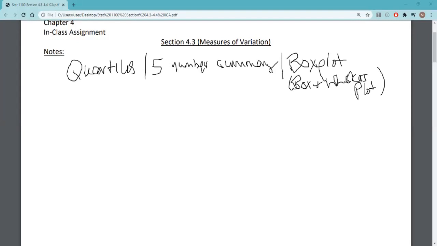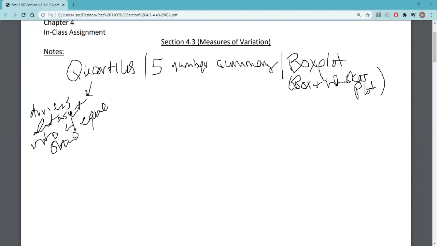So if we are looking for the quartiles of a data set, what we're looking to do is divide the data set. So it divides the data set into 4 equal size sets.